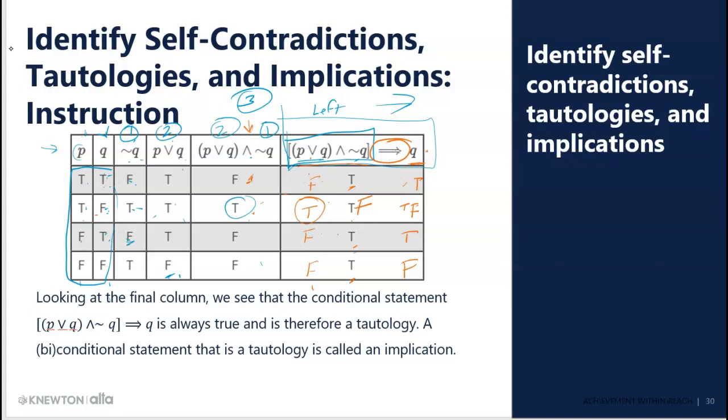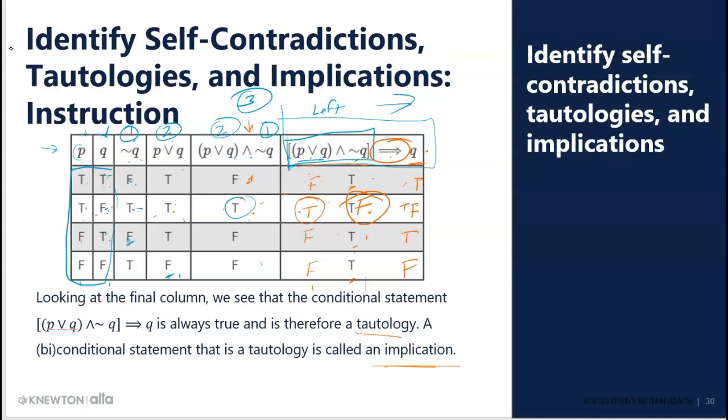And it's definitely the case. Now, is this true? Yeah, that is true. So I have a true on the left and a false on the right. This is not a tautology or an implication because this should actually be a false. If this entire column here under the if-then had been true, we would call it an implication because it's under an if-then, but it's also a tautology.